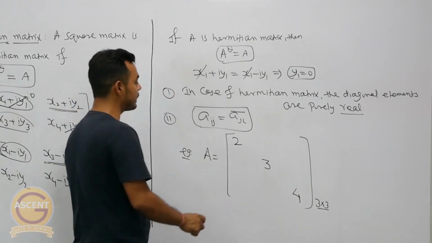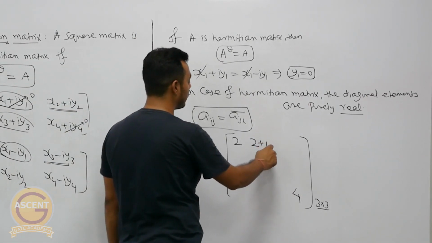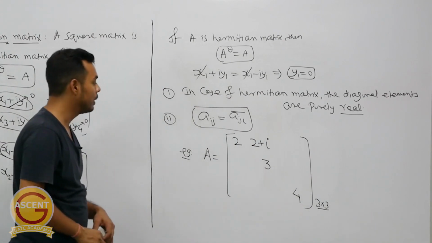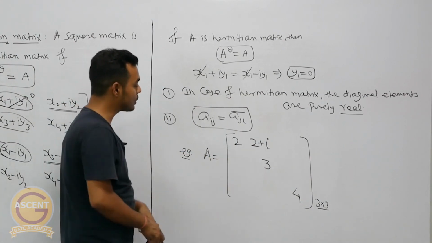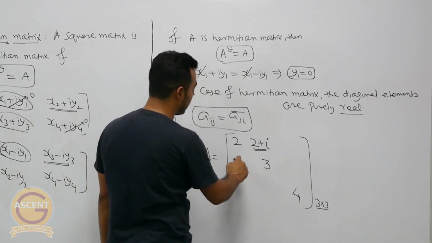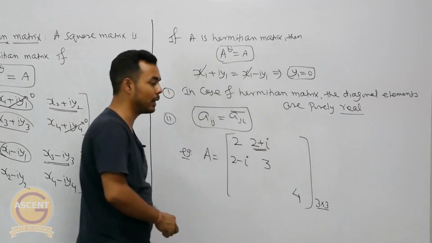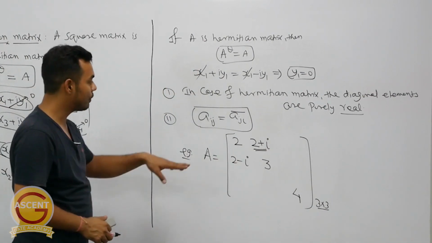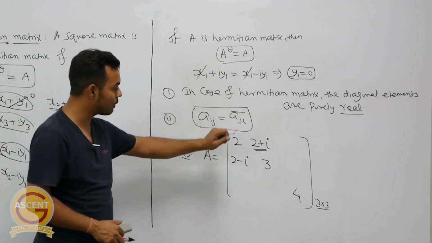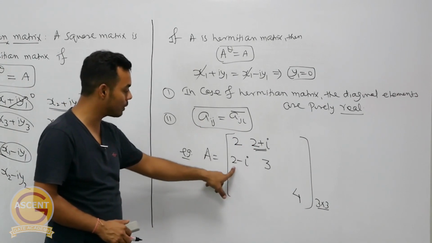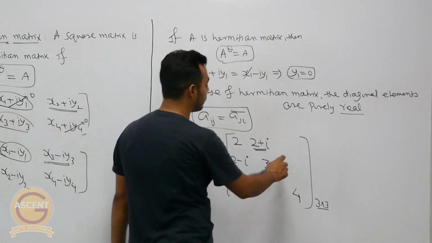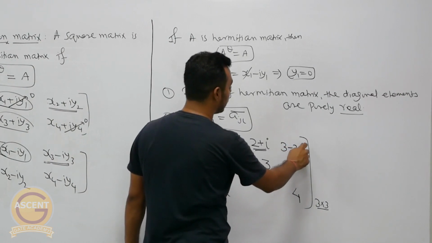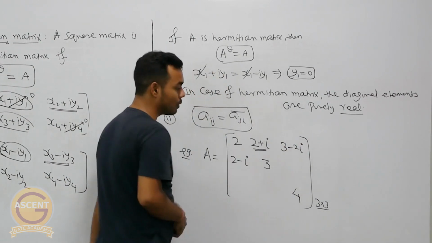Now suppose this element in the first row, second column is 2 plus iota, then the element in the second row, first column will be the conjugate of this element. So here I have to write 2 minus iota. In case of a Hermitian matrix, Aij is the conjugate of Aji. So A12 is the conjugate of A21. Similarly, suppose I have 3 minus 2 iota in the first row, third column.